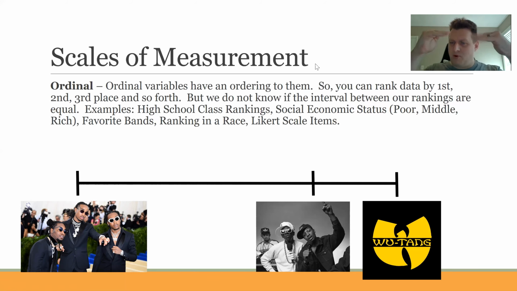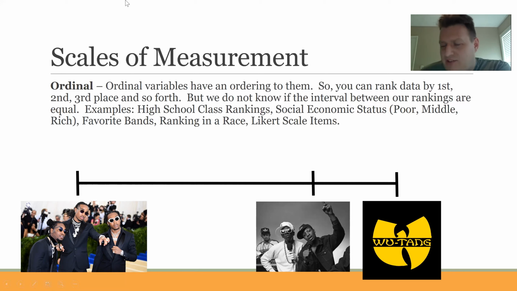They're both really good rap groups. And then I put Migos way behind. But again, you don't know if I had ranked Migos somewhat closer to Public Enemy, right? That I thought that they were fairly equivalent rap groups. All right, you just don't know when we have an ordinal scale of measurement. You can just tell which one is the best, which one's the worst, which one's in the middle. You don't know if the intervals are consistent in an ordinal scale of measurement.